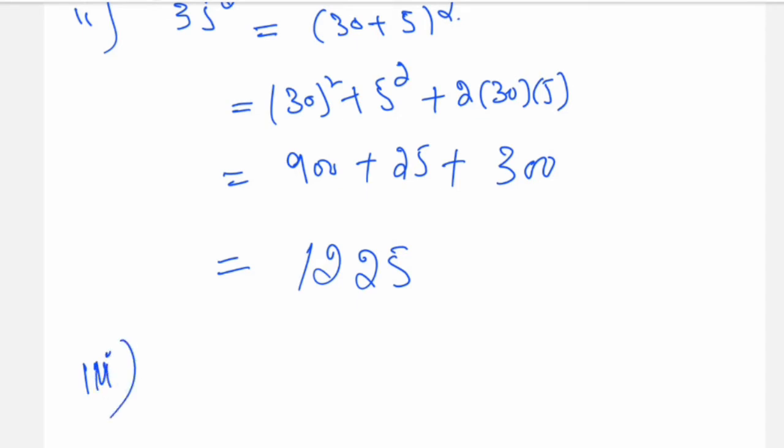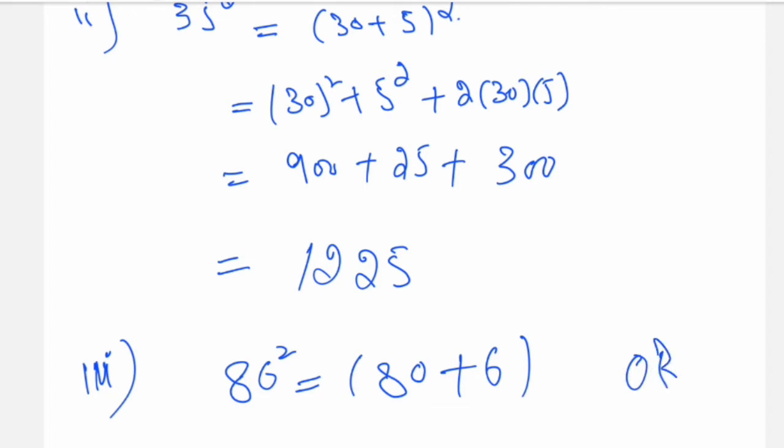Now the next part is the third part, and the third part is 86 square. So again the same: 80 plus 6. Or some teachers do it this way: when the last digit is above 5, they do it as a minus, and when it is 1 to 5, they do it as a plus.